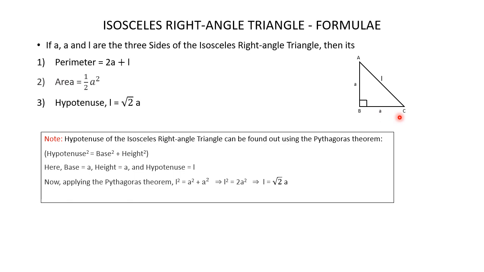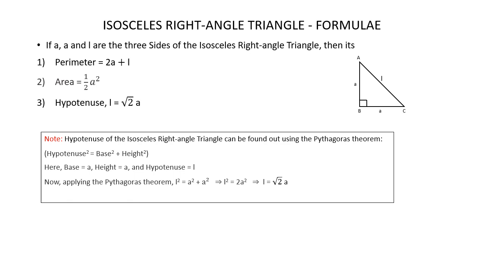Now look at this isosceles right angle triangle. Here, this is the base, which is equal to A. This is the height, which is also equal to A. The side opposite to the 90 degrees is this side, which is the hypotenuse, and that is equal to L.